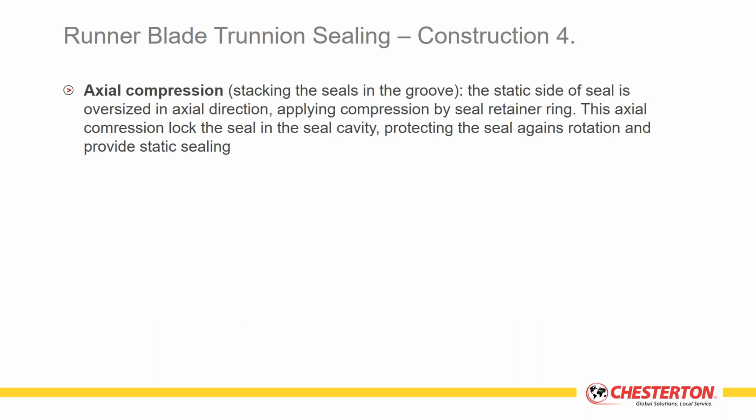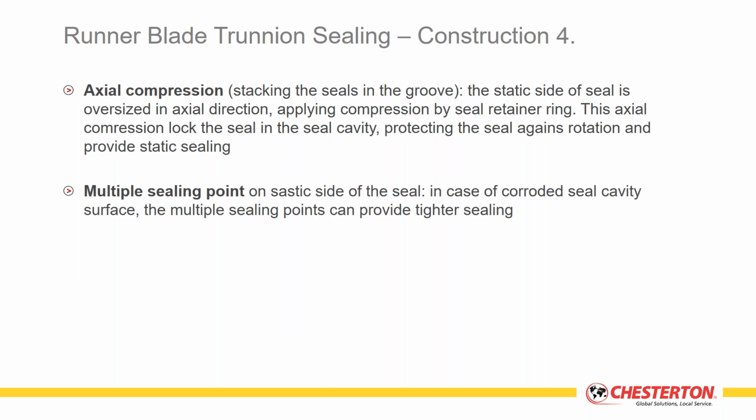Axial compression is an important point, because we have to lock the seal in the stuffing box, and we have to protect the seal against possible rotation together with the trunnion. The axial compression is going to energize the static lip of the seal, providing tighter sealing in the stuffing box.